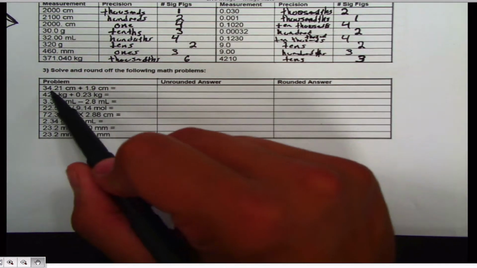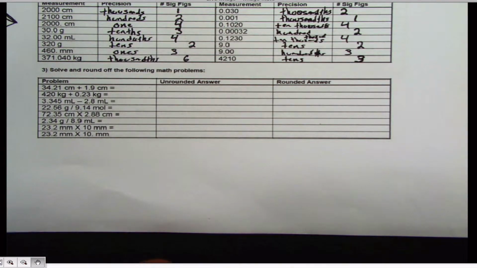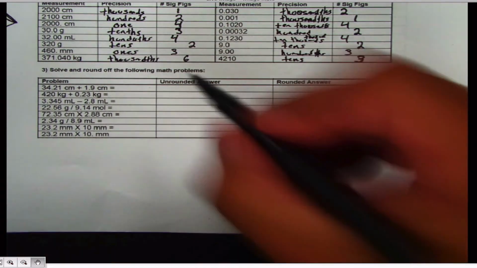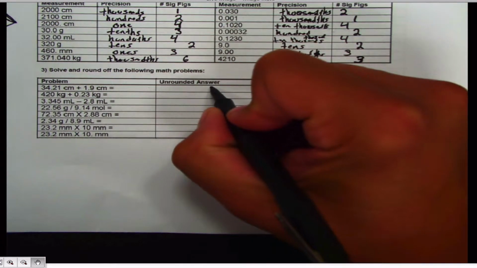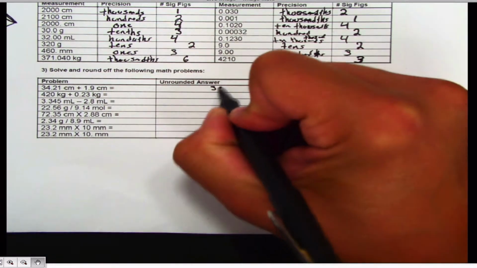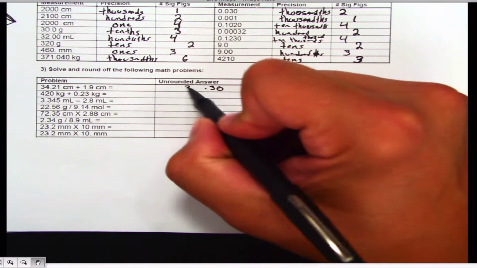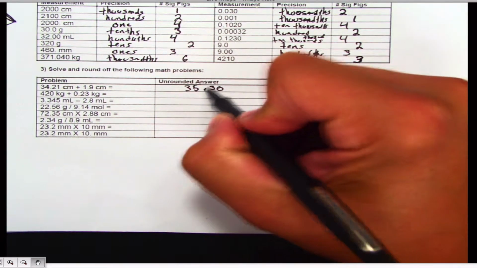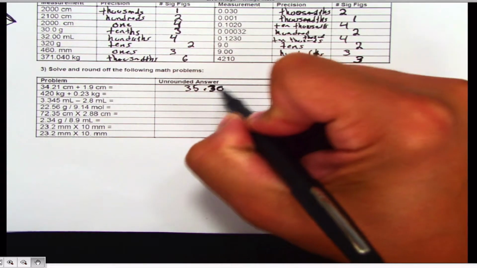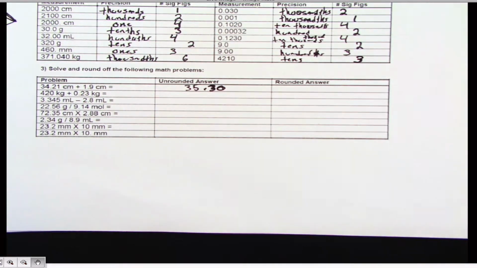So here, 34.21 plus 1.9. Well, if you plug it in your calculator, you should be able to figure it out. So we know that our number is going to be, let's see, we got 35.30. That's my unrounded answer. Sorry if you can't see the 3.